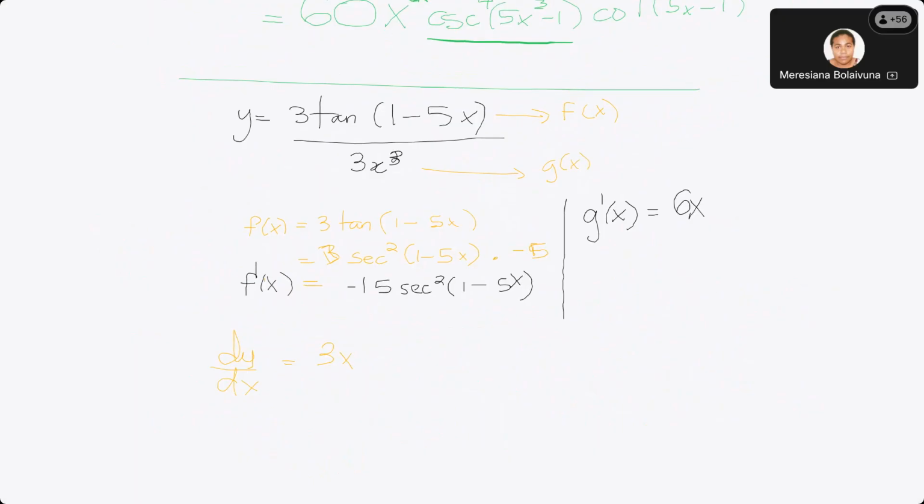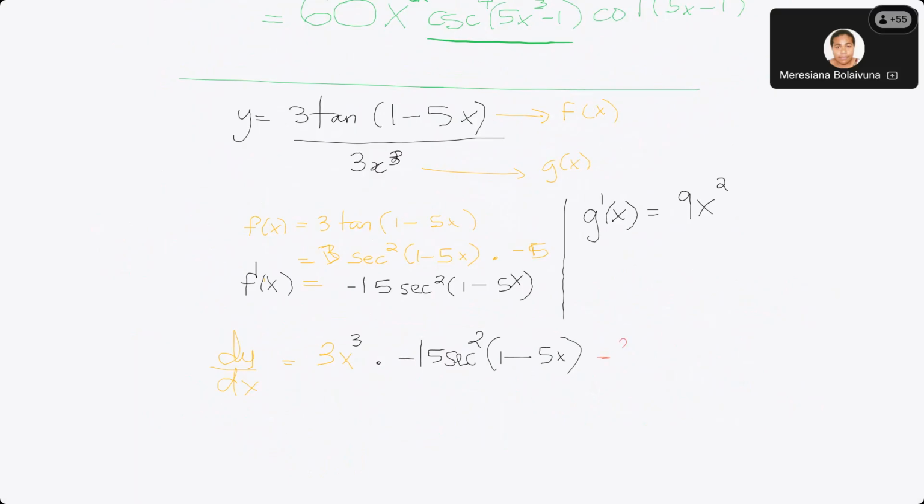So g dash becomes 9x squared. So 3x cubed times f dash, which is -15 secant squared 1 minus 5x. That's g times f dash minus f times g dash.